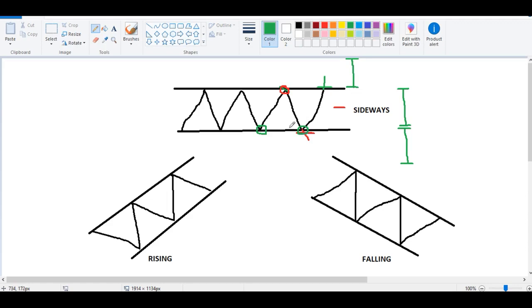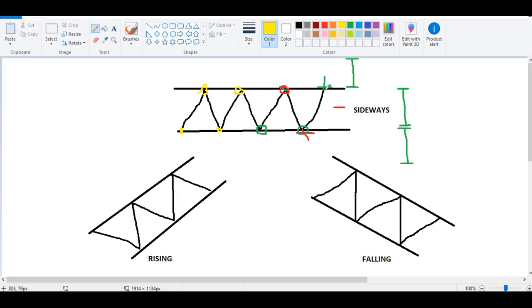Okay, now as we learned in trend lines, how do we make a trend line? We simply need two swing highs and two swing lows. So in this case, I have one swing high, second swing high, so I can form this trend line, and I have one swing low followed by my second swing low, so I can connect these two points and make a trend line.